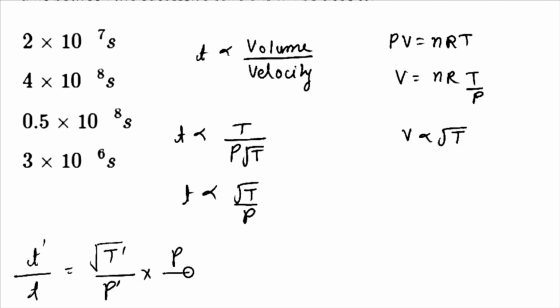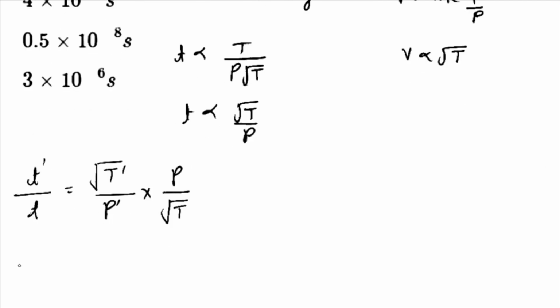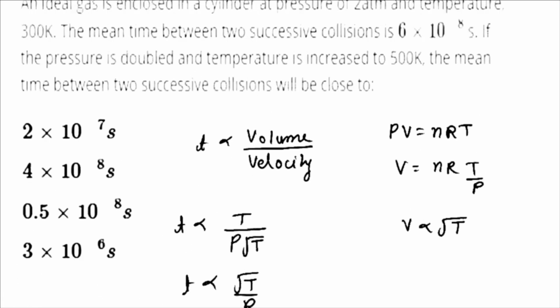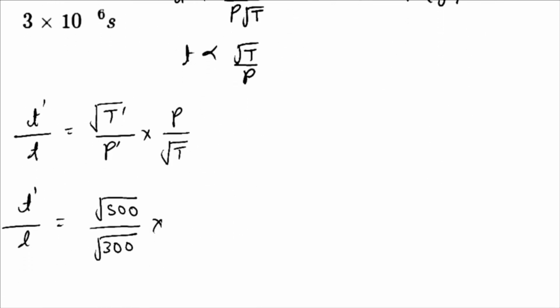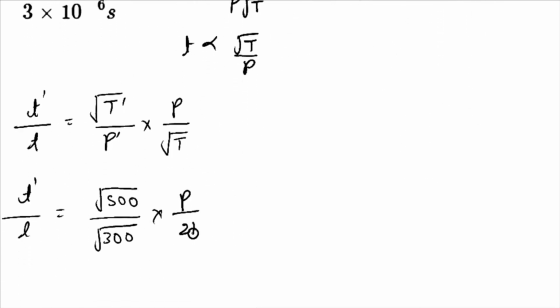So just put the values. The changed temperature is under root 500 Kelvin, and initial temperature was under root 300, and initial pressure was P and changed pressure was 2P. Okay, so this will get cancelled out and you will get under root 5 by 3 into half, right? So you will get the T dash by T is equal to this.